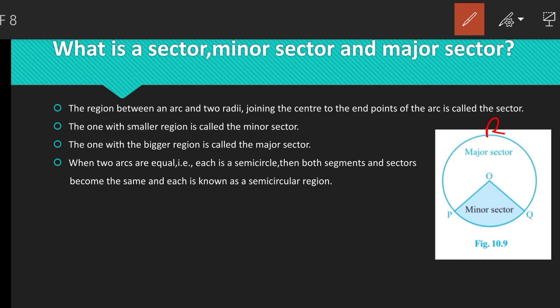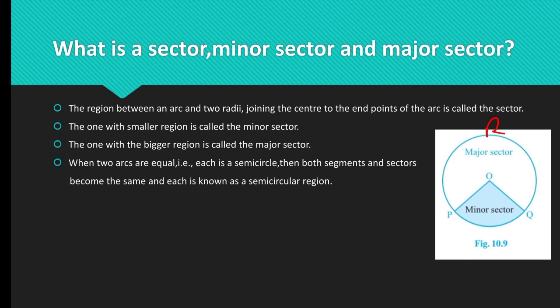So the one with the bigger region is called the major sector. When two arcs are equal, that is, each is a semicircle, then both segment and sector become the same and each is known as a circular region. So whether it is a segment or a sector, if we have a semicircle, then the region will be denoted as a semicircular region.